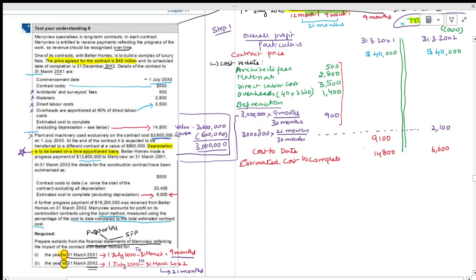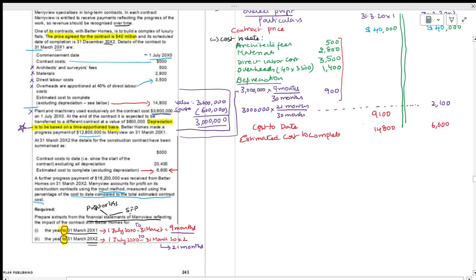Fine? Now, cost to complete. Anything we have to take here? Total cost. What is the total cost you will have? What is the overall profit? Overall profit is nothing but the cost to date plus cost to complete.